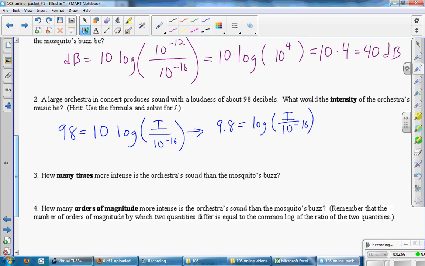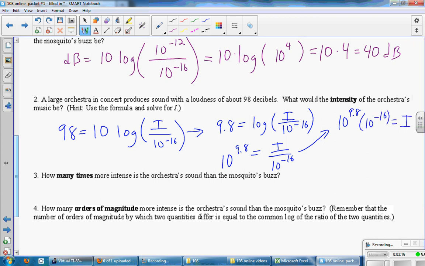This means 10 to the 9.8 is equal to I over 10 to the minus 16. We can multiply both sides by 10 to the minus 16, and we've got our I. We'll keep the base and add the powers here. So what is this? 10 to the minus 6.2.